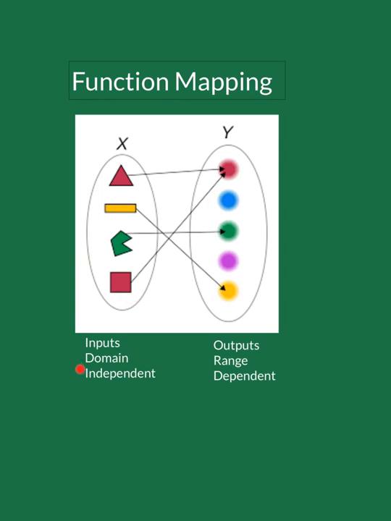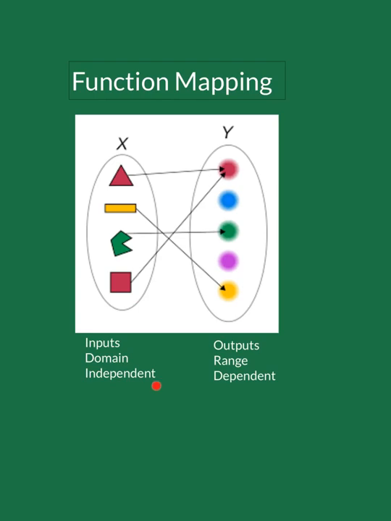This is also called the domain. Any eligible number that can go into the function is in the domain. And we also say that these numbers are independent because we get to choose. We get to choose what number it is that goes into the function.